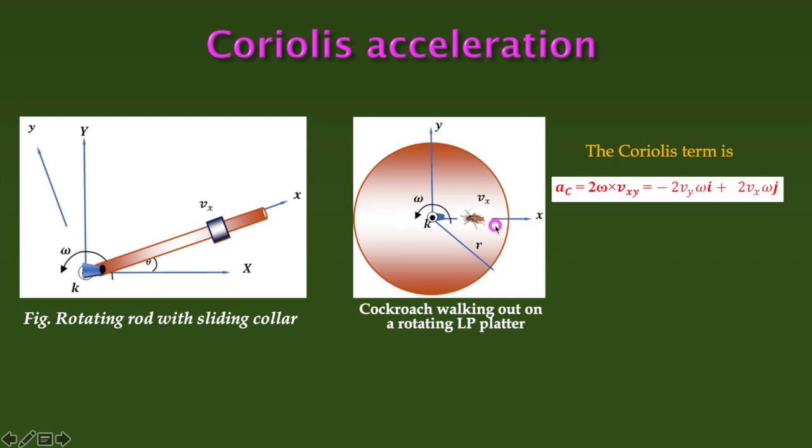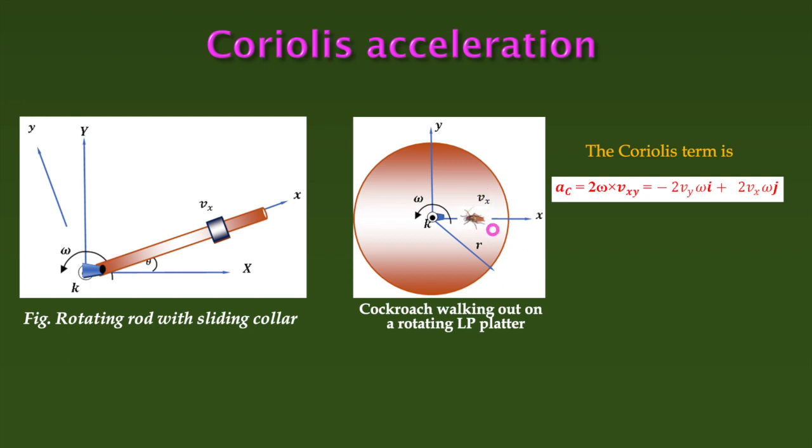Now, as the disc is rotating, there is an acceleration of the cockroach. Though the cockroach is not accelerating on its own, it is only moving with uniform velocity Vx, but due to this rotation effect, it will be subject to an acceleration.